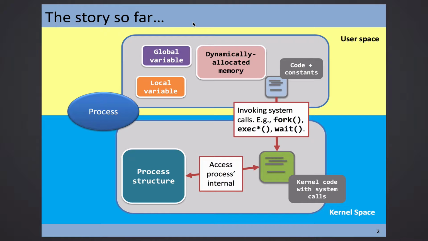You call malloc and you create dynamically allocated memory, global variables, local variables when you create functions. The entire thing we call user space. That means you are the user of the system. You write the program, you execute it, so the memory belongs to you. So we call it user space memory.